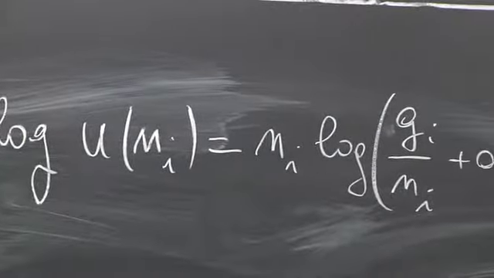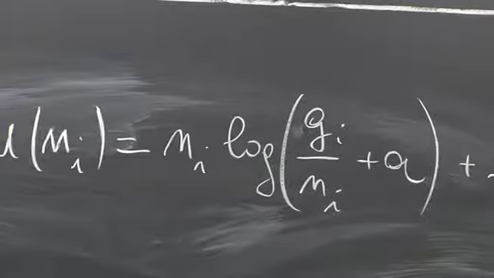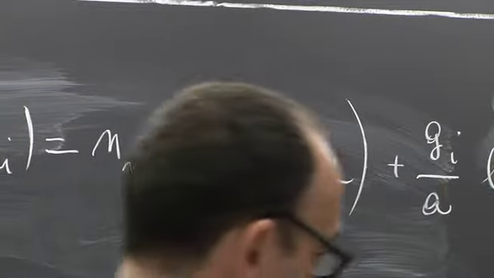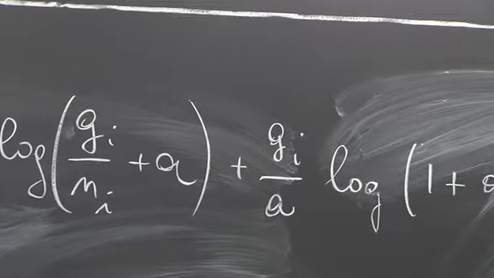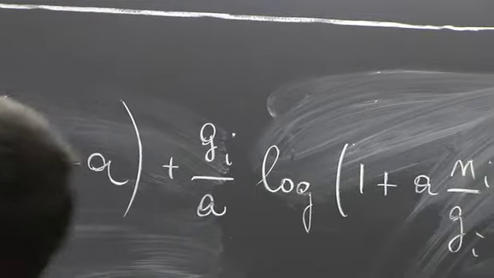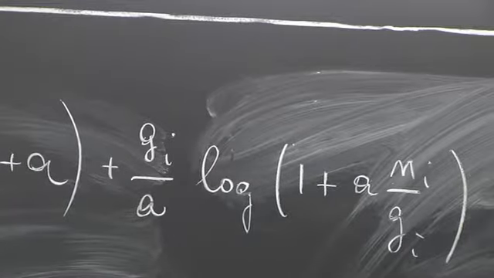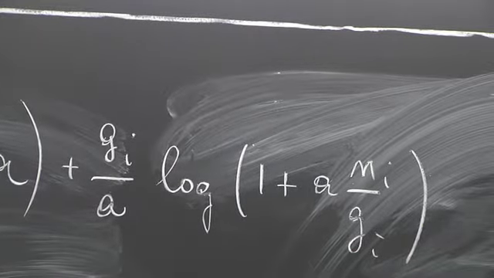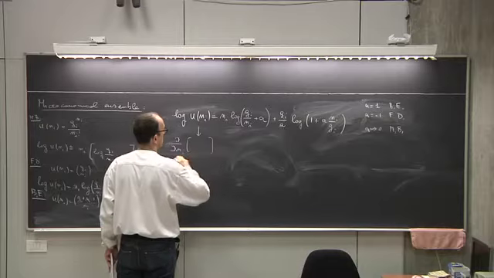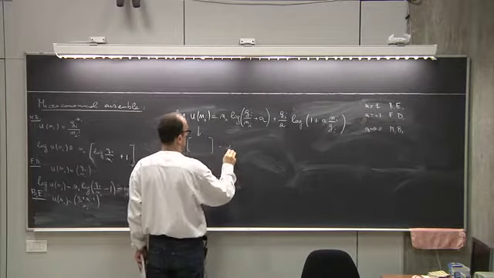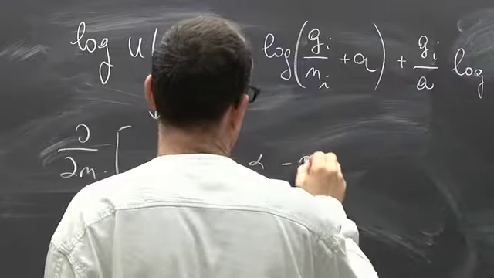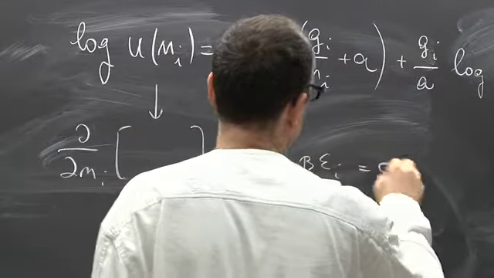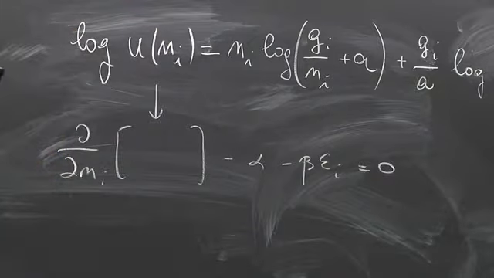Very good. So now what we have to do is to take the derivative of all this with respect to ni, minus alpha minus beta times epsilon I, and set it equal to 0.